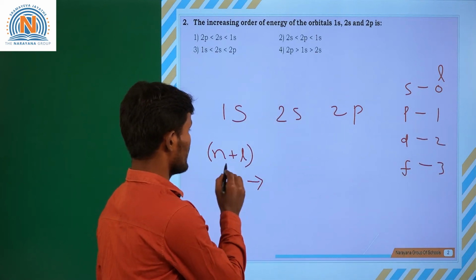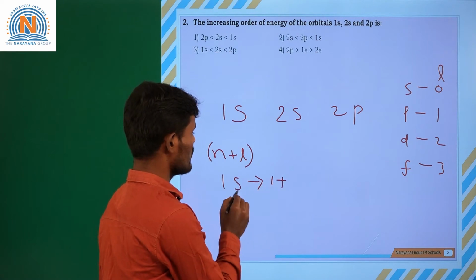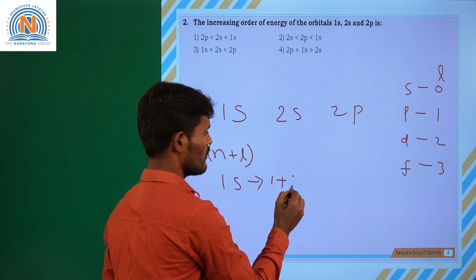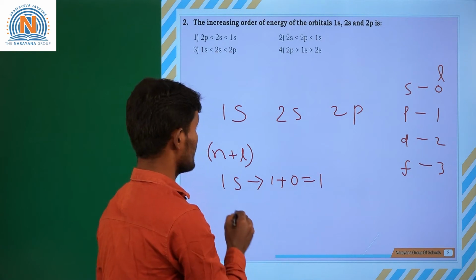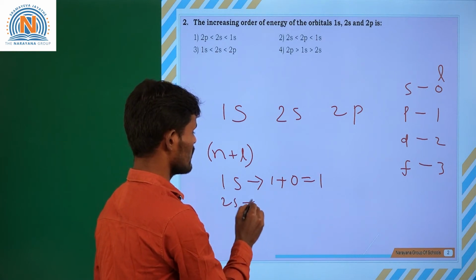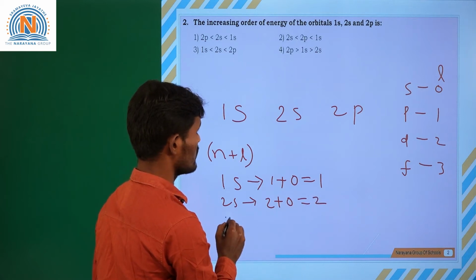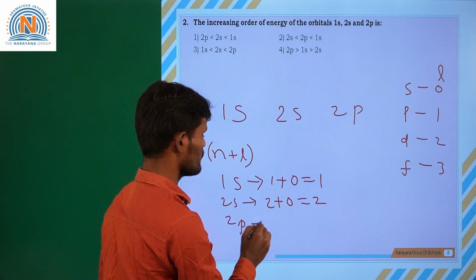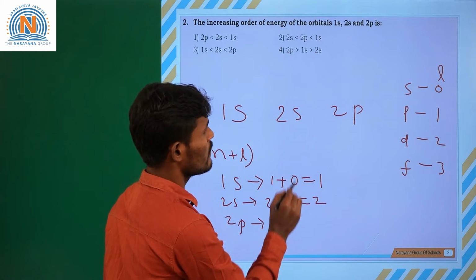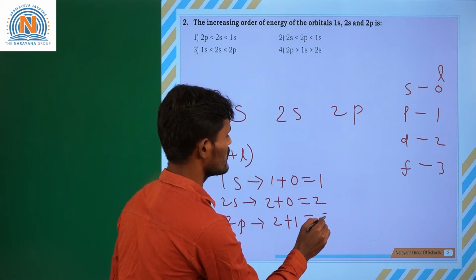See here, n is equal to 1 plus, for s the l value is 0, so 1 plus 0 is equal to 1. Next 2s, 2 plus 0 is equal to 2. Next 2p, 2 plus 1 is equal to 3.